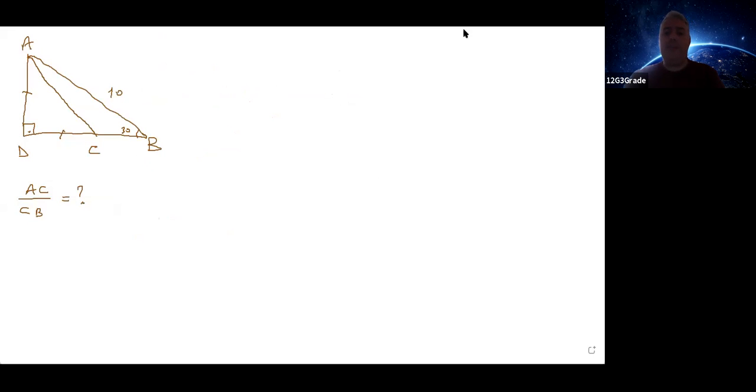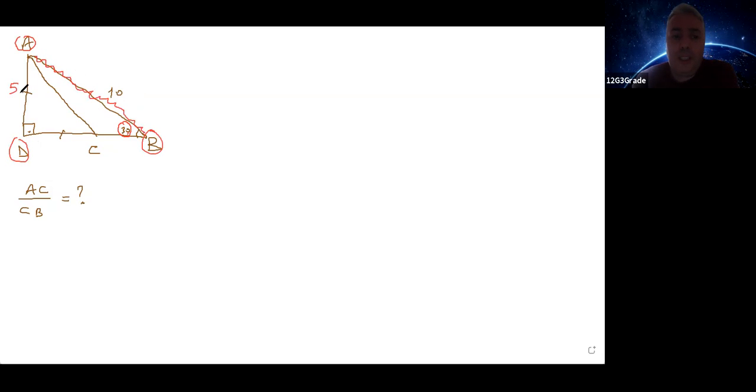From the beginning, everybody, since this is 30 degrees, in the triangle ADB, the opposite of 30 degrees is equal to the hypotenuse divided by 2, which is 5. So the hypotenuse is 10.